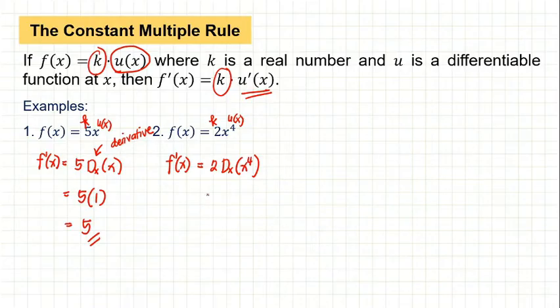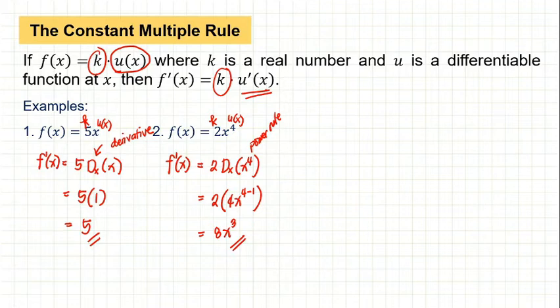And simplifying, we will have 2 times the derivative of x to the power of 4 using the power rule. We will have 2 bring down 4, so you have 4. X to the 4 minus 1. And this is now equal to 2 times 4 is 8, then x to the power of 3. And this is now your final answer.